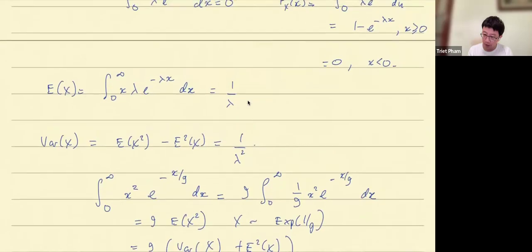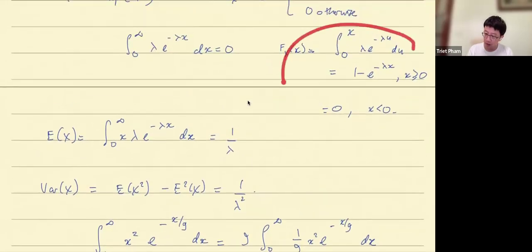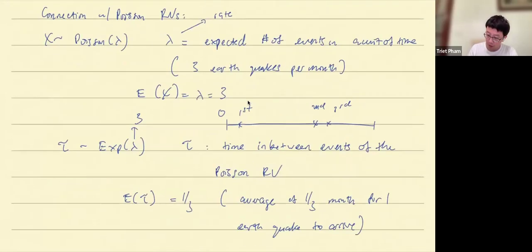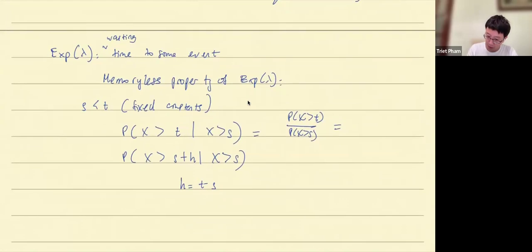So the CDF is this, so the complement of the CDF is this. So it's going to be e to the minus lambda t over e to the minus lambda s, which is e to the minus lambda (t minus s). And you know what? That's exactly the probability that X is bigger than t minus s.